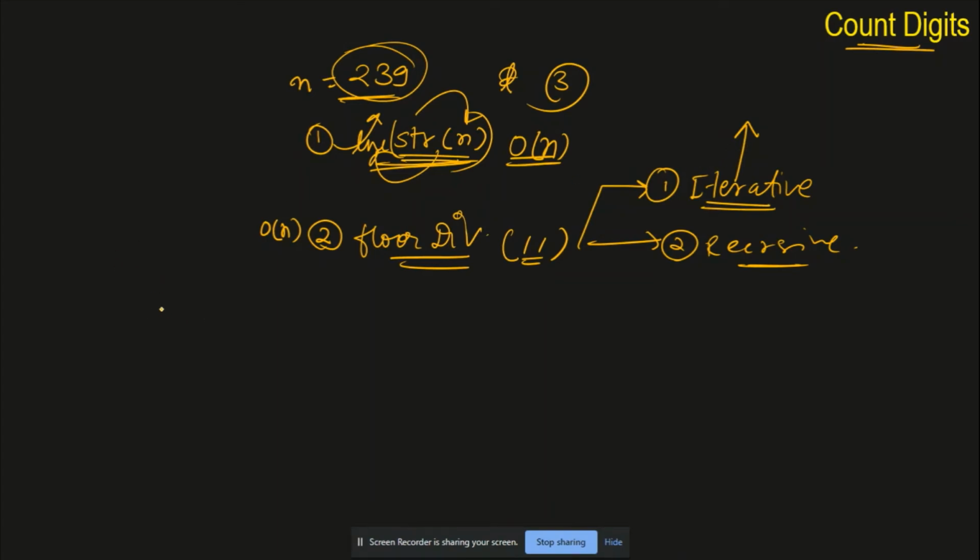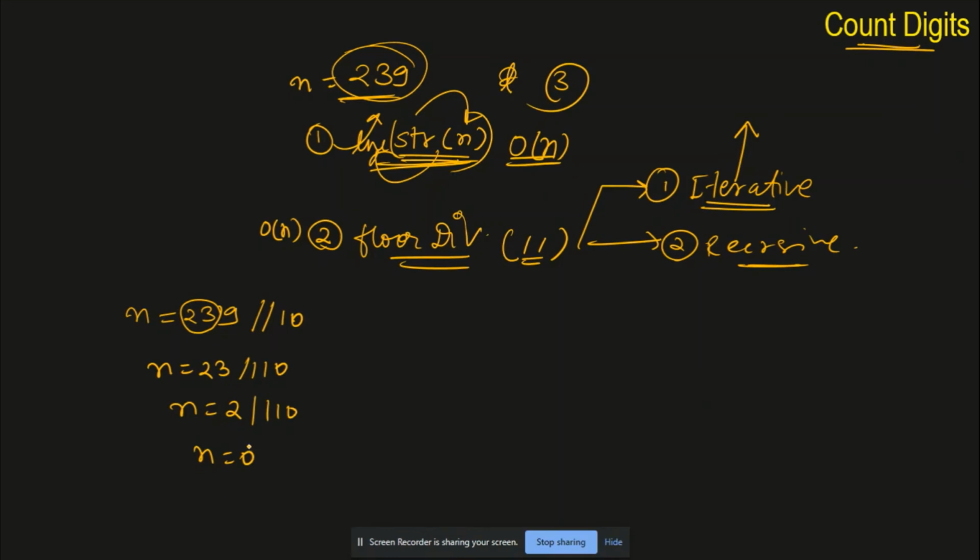First of all, what is the idea behind this? The number is 239. If I floor divide it by 10, what will be left with us? We will only have 23, right? So now the value of n will be 23. Again, if I divide 23 by 10, I'm going to have the number 2. Again, if I divide it by 10, I'm going to get 0.